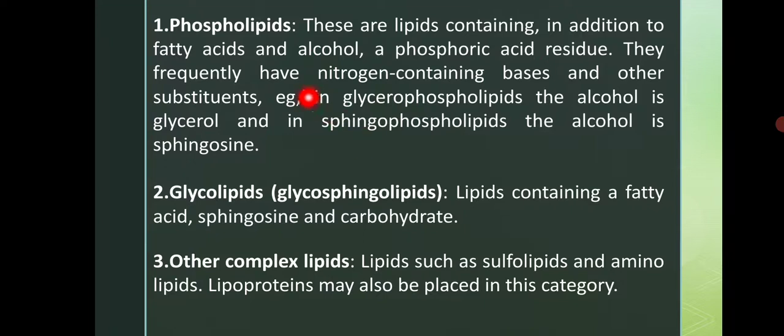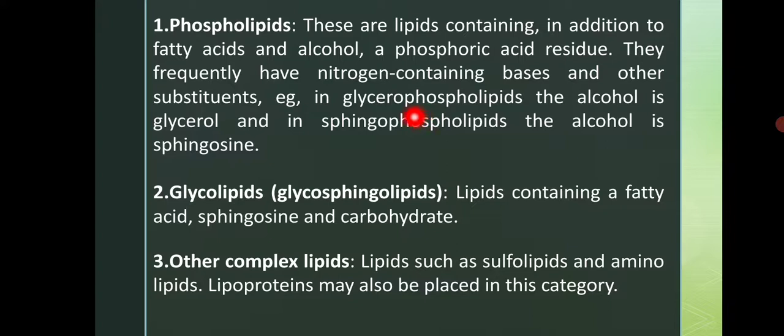Yes, it has been mentioned here. Phospholipids are lipids containing fatty acid and alcohol, a phosphoric acid residue, whatever we have discussed. So in phospholipid I told you it contains fatty acid, alcohol and phosphoric acid, and they frequently have nitrogen containing bases, or other substituents.